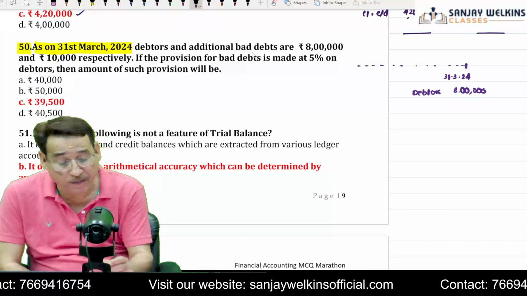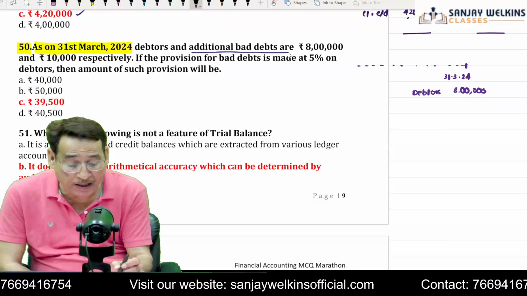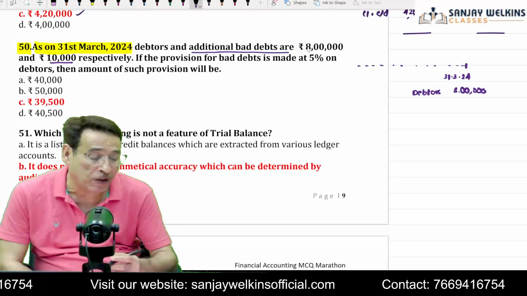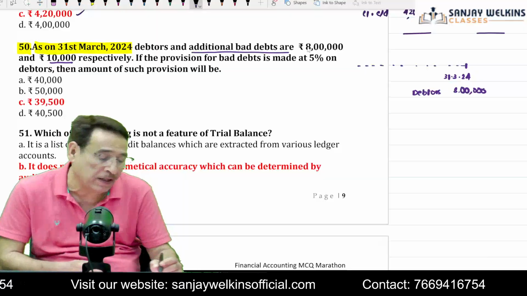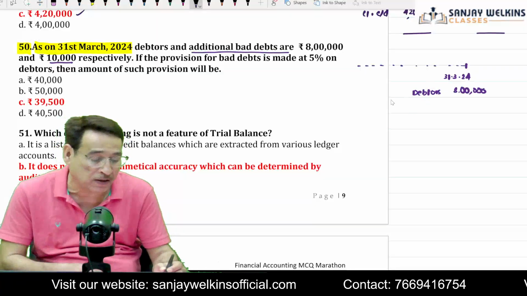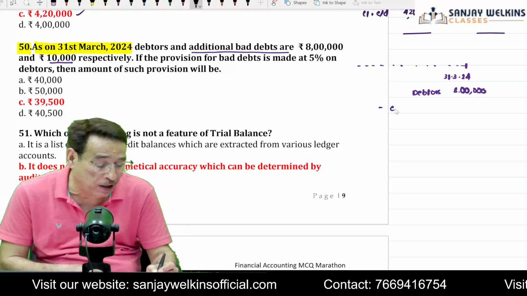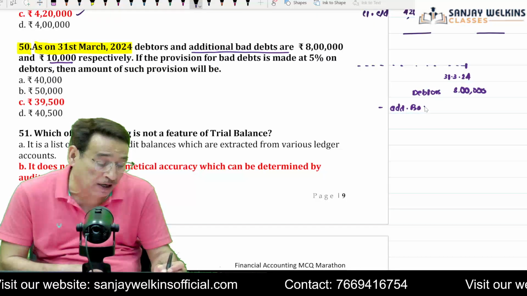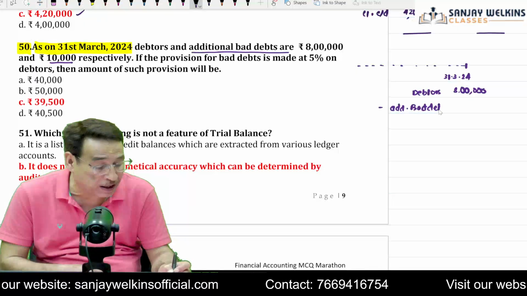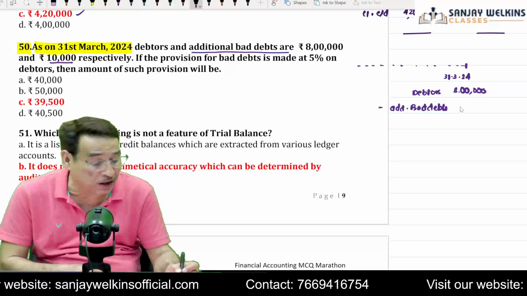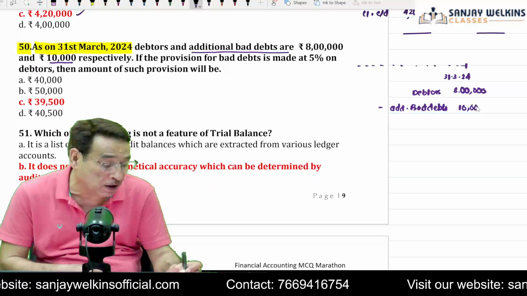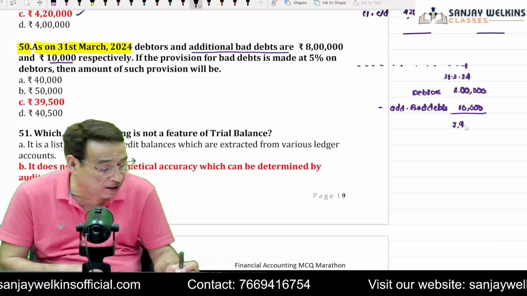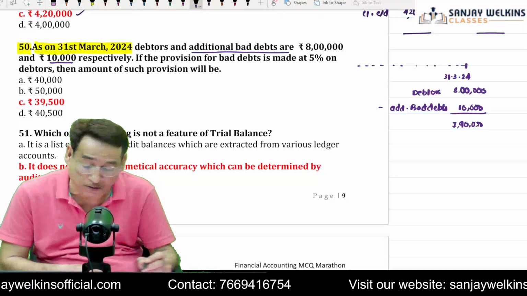Also it is given, additional bad debts are 10,000. Debtors are 8 lakhs. And because it is written additional bad debts, that means it is not yet adjusted in the debtors account. So first you will have to subtract the additional bad debts, equal to 10,000. After subtracting the same, now you get 7,90,000. Correct?